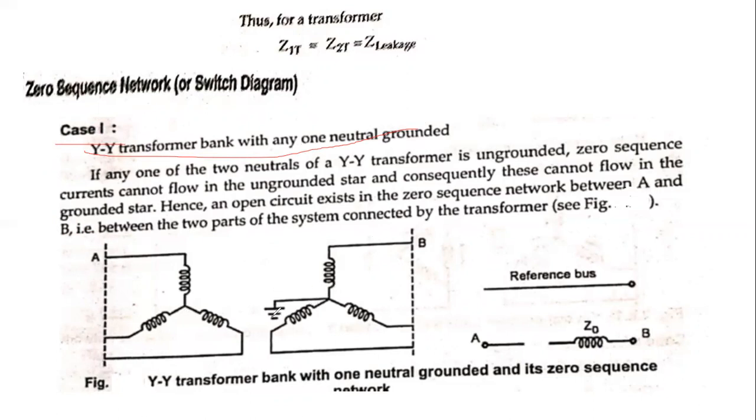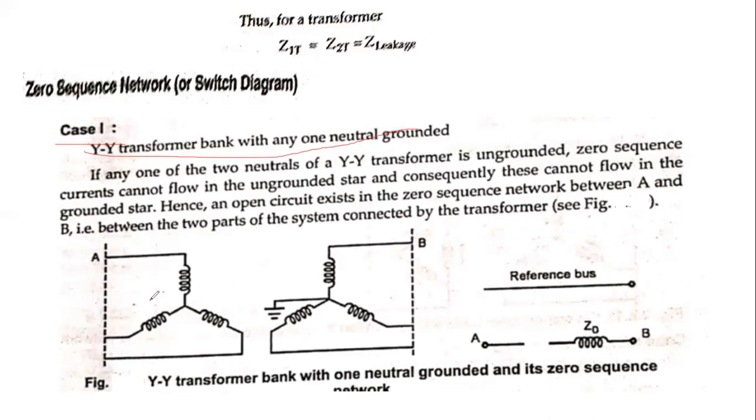The secondary winding is connected to the neutral grounding. This is the case 1 consideration, when the transformer winding is connected in star connection with one neutral grounded.